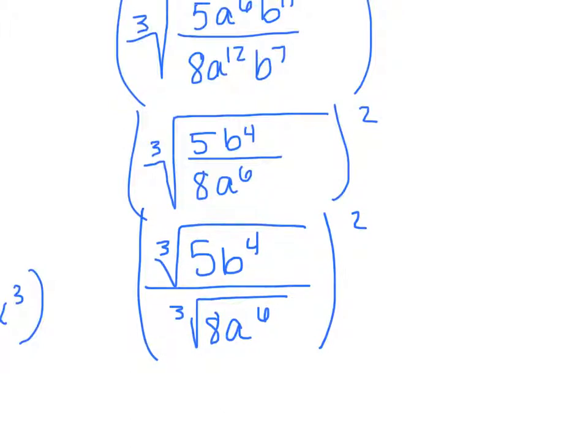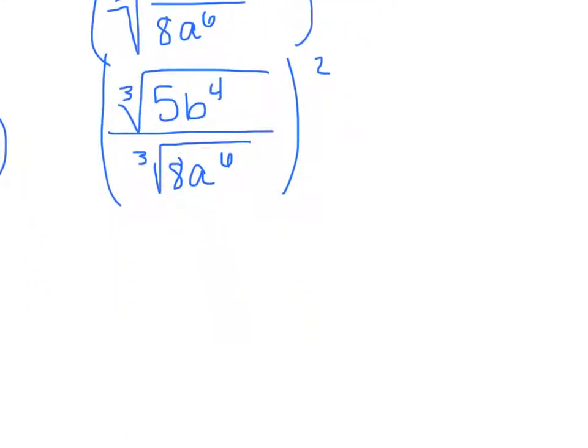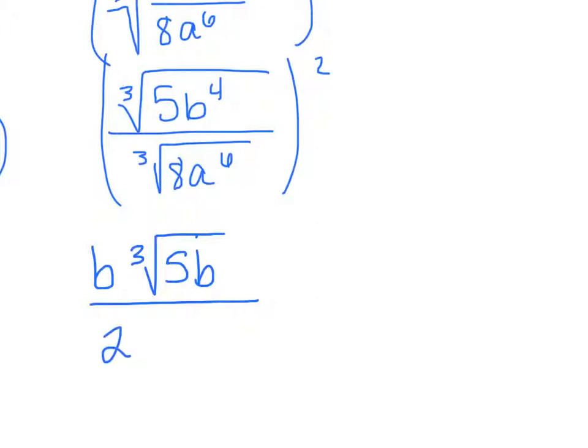Breaking down the cube root of 5 and the cube root of b to the 4th, the cube root of 5 is just the cube root of 5, and for the cube root of b to the 4th, 4 divided by 3 is 1, so there'll be a b that comes out with 1b left over. In the denominator, the cube root of 8 is going to be 2, and then a to the 6th with the cube root, 6 divided by 3 is 2, so a to the 2nd comes out, and there is no remainder.